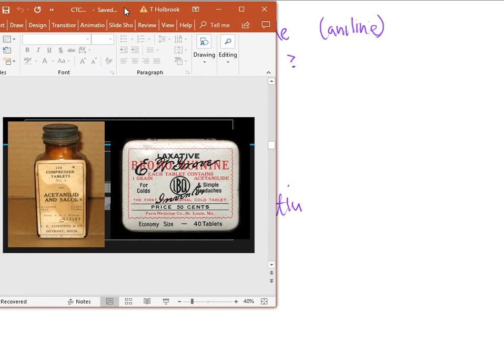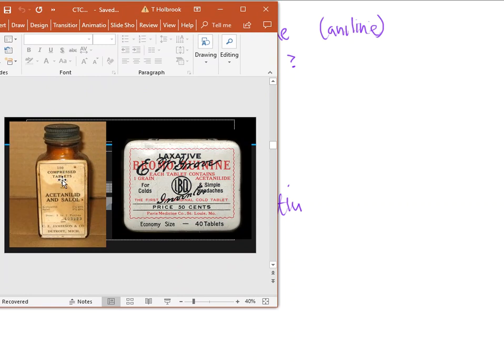If you look at the old school containers, compressed tablets, 100 of them, acetanilide, that's an old school or old spelling for it. Both of these are still accepted with the E at the end or without the E. And then over here it says laxative. Each tablet contains 1 grain.